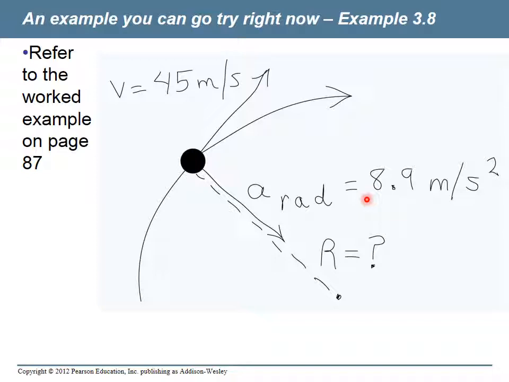So 8.9 is equal to 45 squared over r. So r is equal to 45 squared divided by 8.9, whatever that works out to be. Let me do this one quickly here.